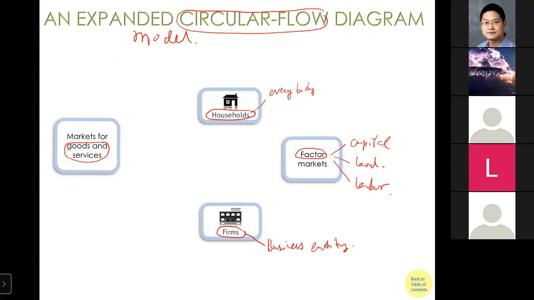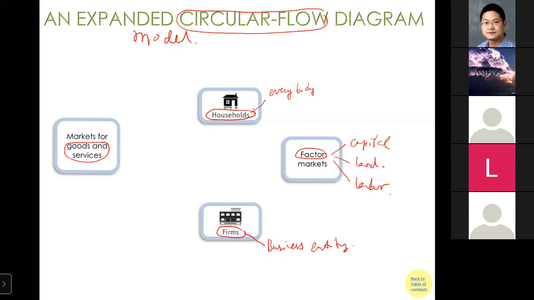Firms produce goods and services, using factors including capital, land, and labor. And households earn money to purchase goods and services. So you can see this simple way can capture all the economic activity you can think about, or what is happening every day. You have households and firms.